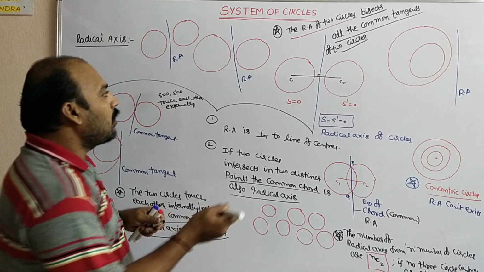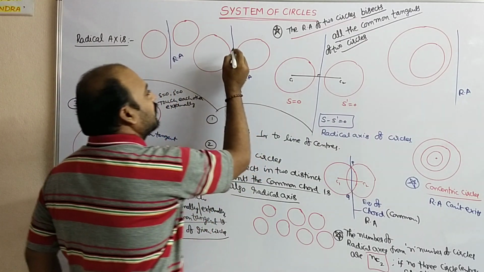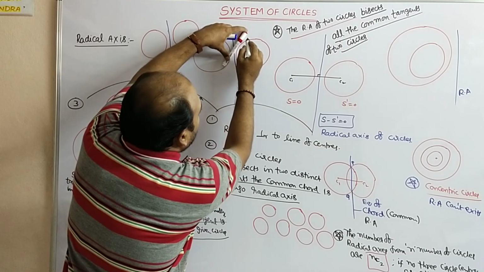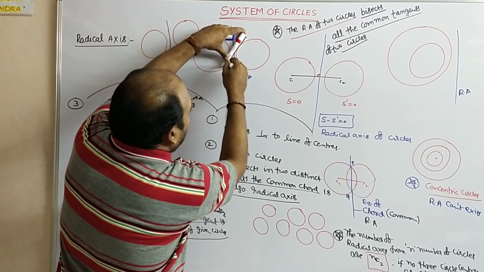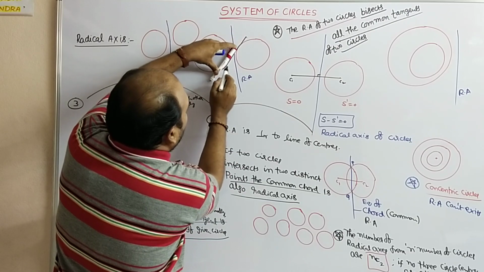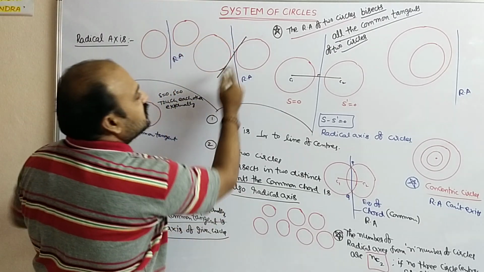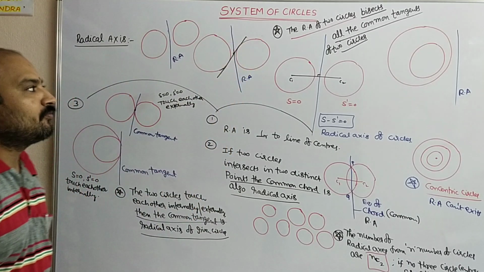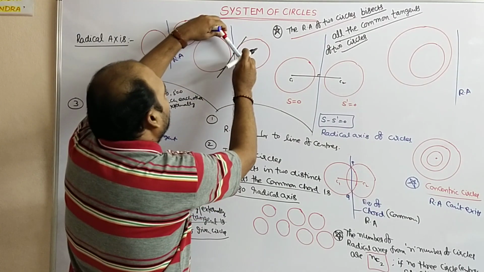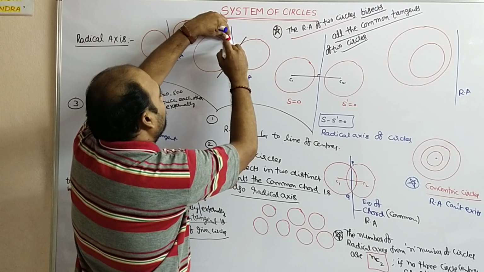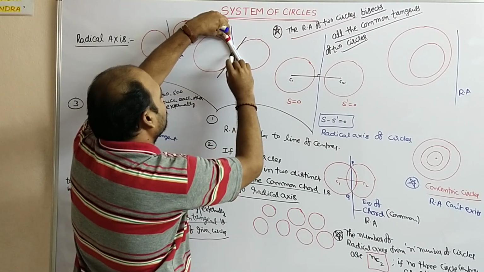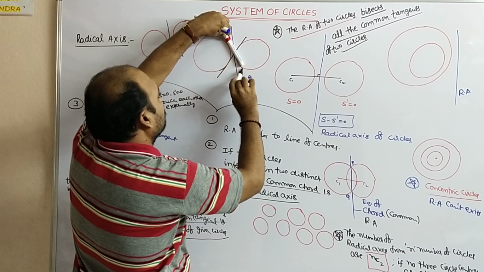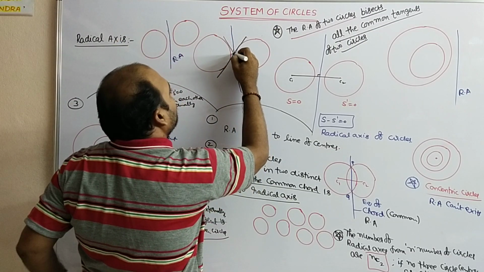If we draw a common tangent here, this is the common tangent, and here it is bisecting. This point is the bisecting point.